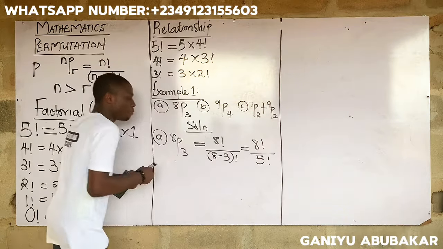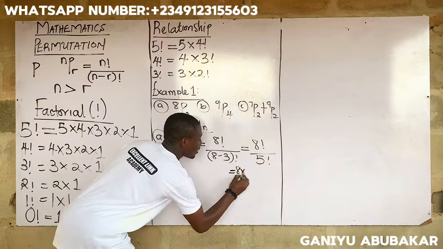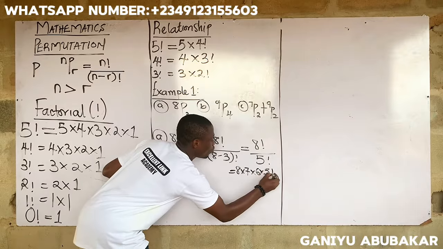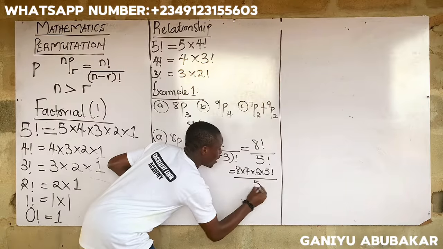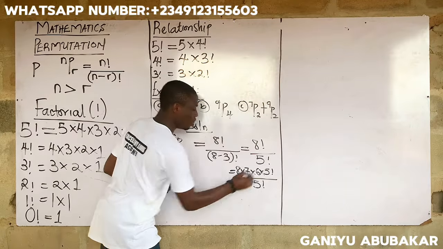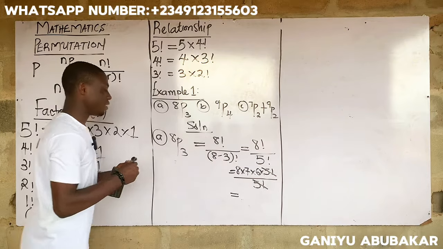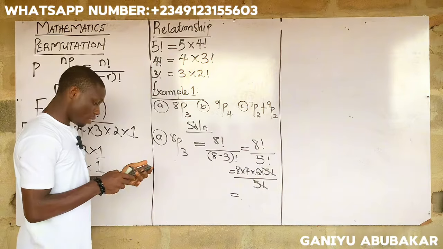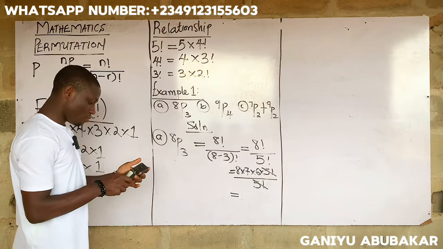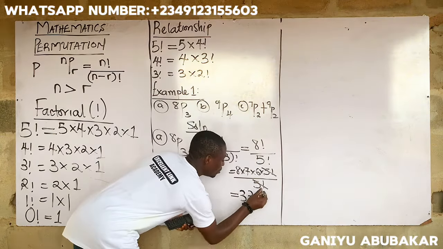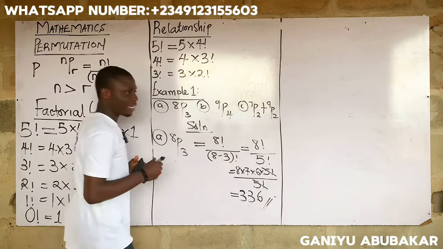So to save time, I can say 8 times 7 times 6 times 5 factorial all over 5 factorial. This cancels this. 8 times 7 times 6 is 336. 336 is my answer.